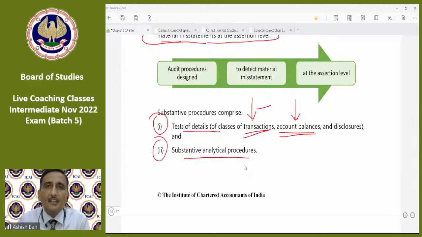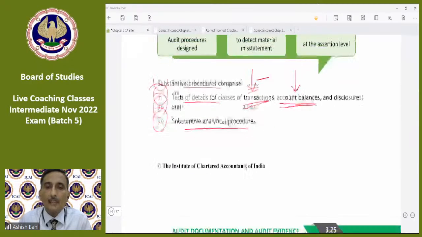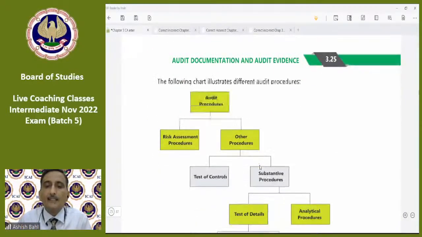Like I had given you the example of the production capacity in a company. So the auditor may correlate production capacity in the company with the sales by performing analytical procedures. Okay, so this is the chart.